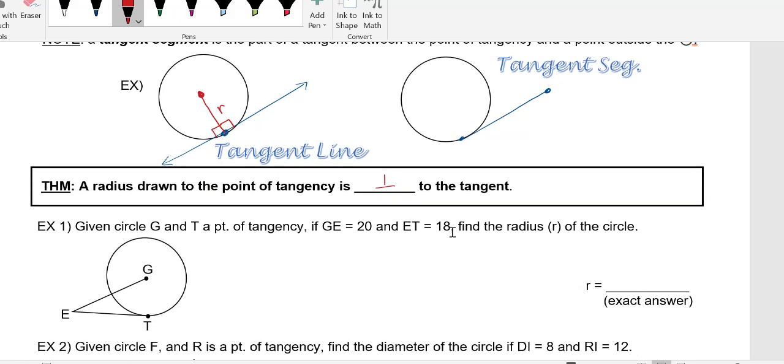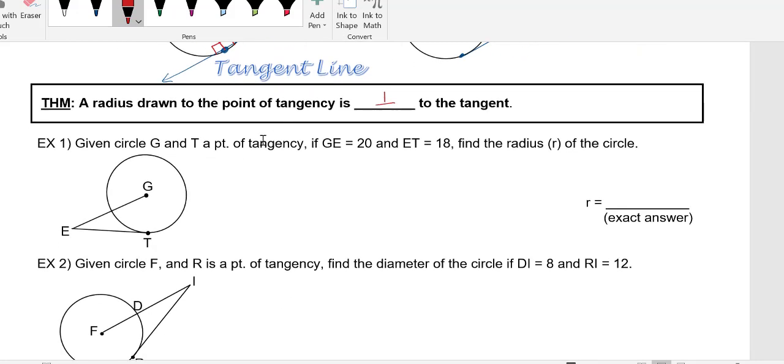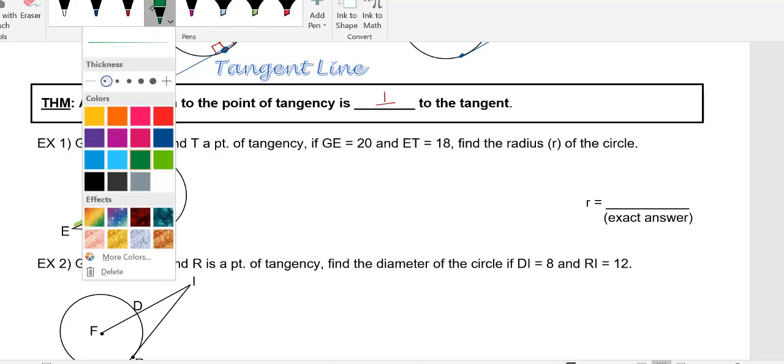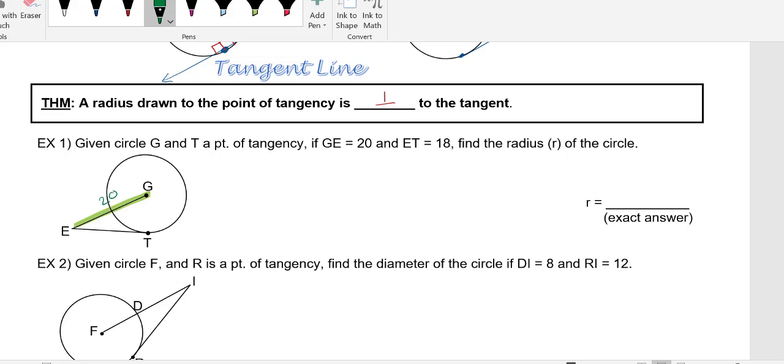Let's do a couple examples involving this idea about creating our radius to our point of tangency. We're given this circle G and T as a point of tangency. If GE is 20, so we have this whole length of 20, we have our tangent ET as 18.